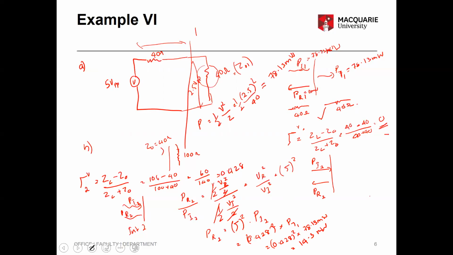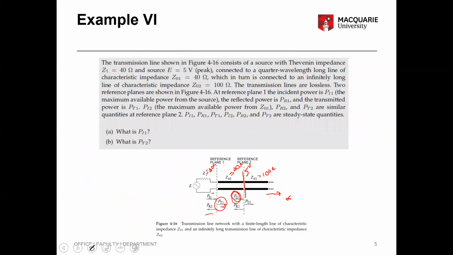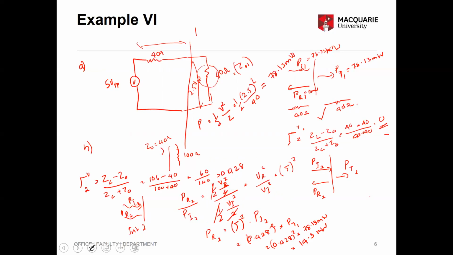Then you want to find the transmitted power, PT2. You know the incident is 78.13 milliwatts, and the reflected is 14.3 milliwatts.